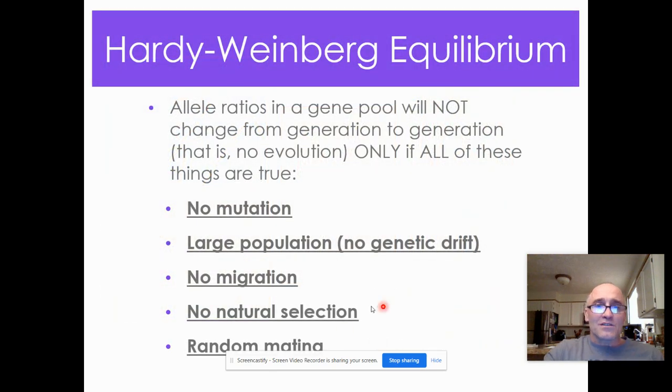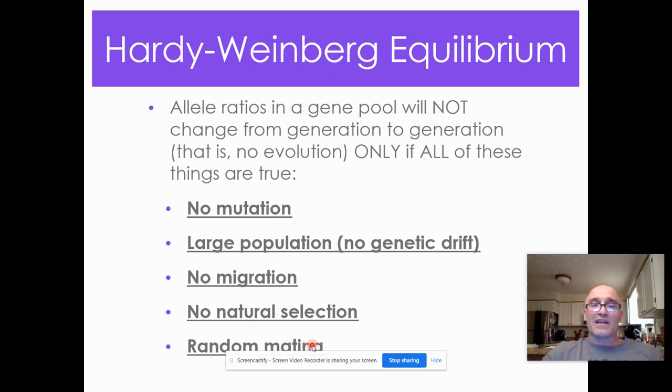And just to wrap this up, if allele frequencies stay the same, it's at genetic equilibrium, the population's not evolving. But if the allele frequencies do change, the population is going to evolve. And again, for a population to not change or not evolve, there has to be no mutations, no genetic drift, no migration, no natural selection.